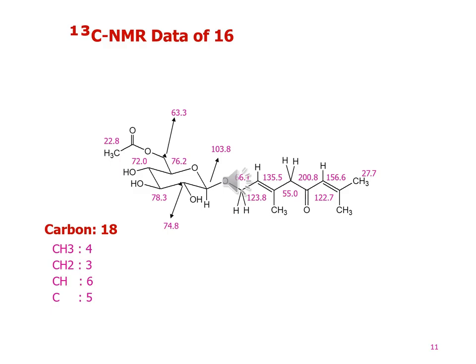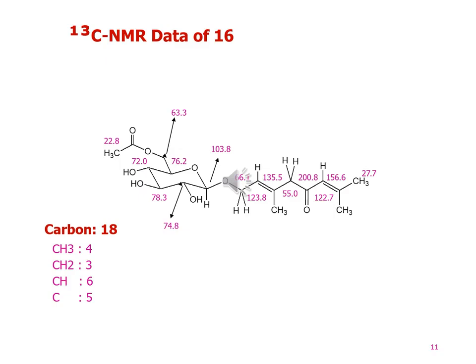The signal for the methyl group resonated at 27.7. The downfield signals at delta carbon 200.8 and 173.5 were due to the alpha beta unsaturated ketone and the acetate group respectively.